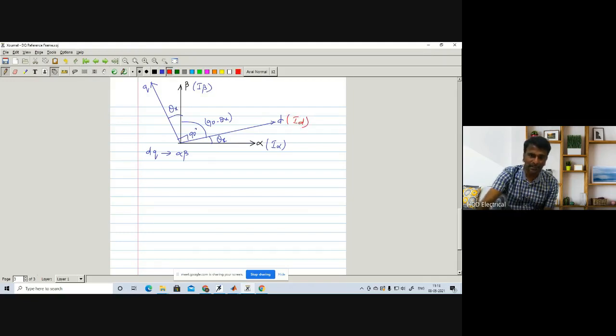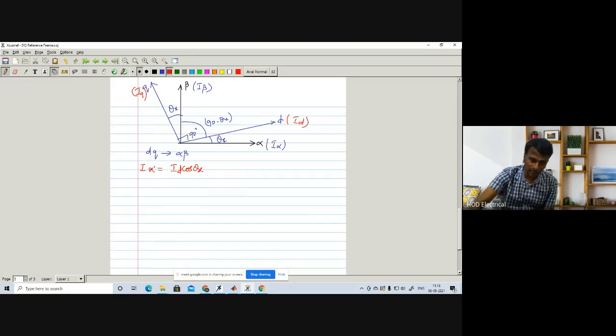This is ID axis, ID and IQ. Now I am converting ID and IQ to I alpha. So with respect to ID, how will I write? ID into cos of theta x, then plus the component with respect to Q.